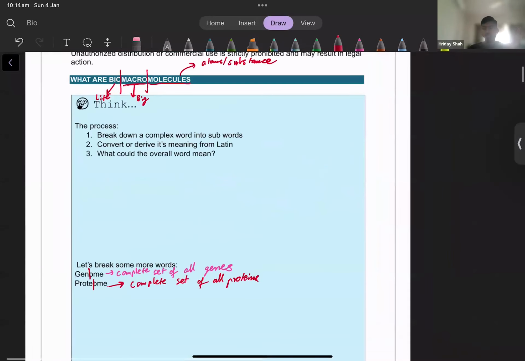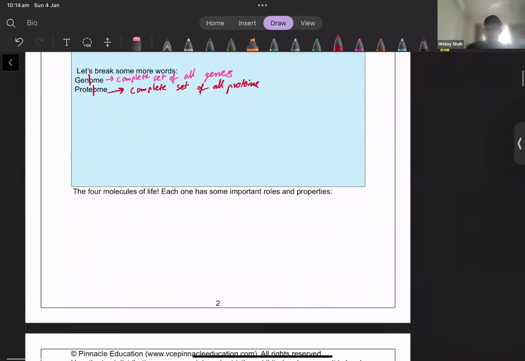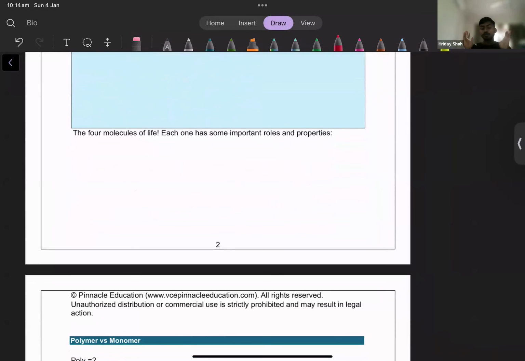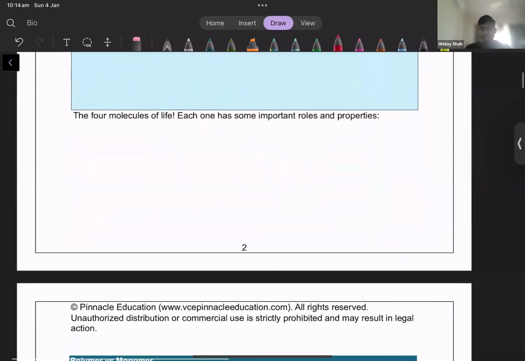So the first topic we'll be exploring though is biomacromolecules, and we'll come to genome and proteome later in this booklet. For biomacromolecules, there are 4 key ones, and each has some important properties and roles that we need to be aware of. So first biomacromolecule, protein, which we just started with.